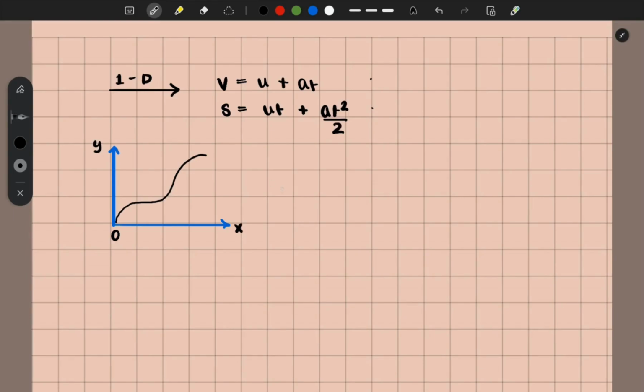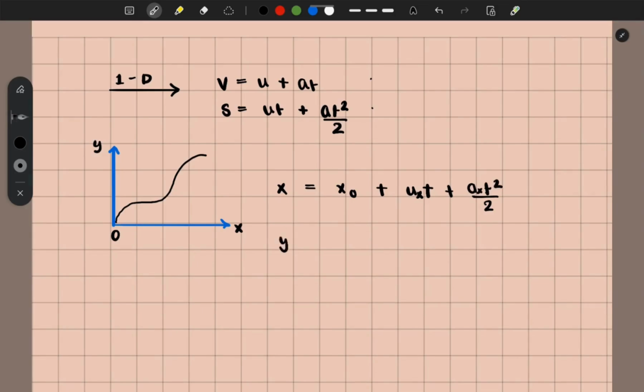So in the x-axis, we would write x is equal to x0 plus ut plus at squared divided by 2. Now here ut refers to u in the x direction and at refers to a in the x direction.